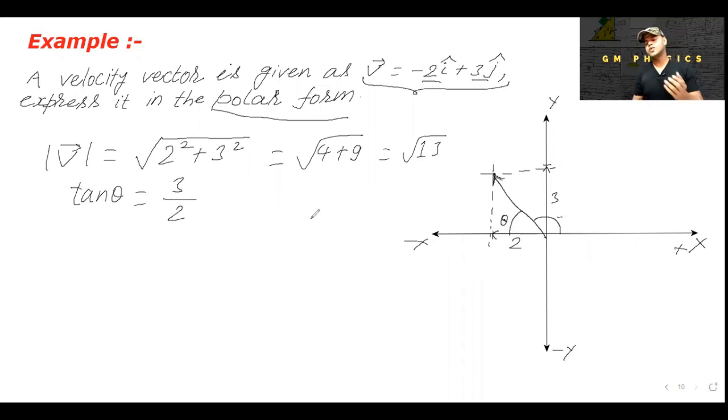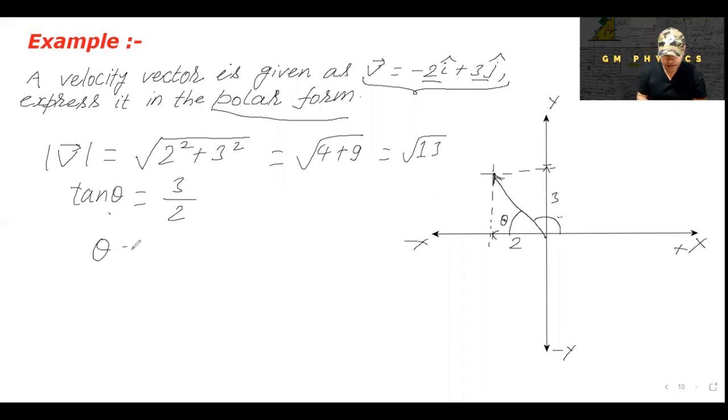You can always write y component upon x component, only magnitudes, no need to write the direction if you have expressed the vector in its proper quadrant. So first find this angle using positive y component upon positive x component. Whether it is negative or positive, don't consider it, only write positive components. Then you will get this angle, not the other angle.